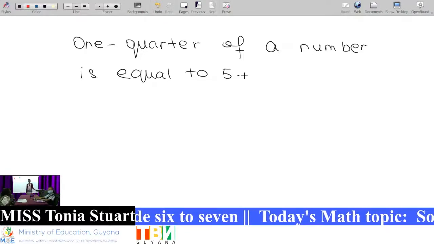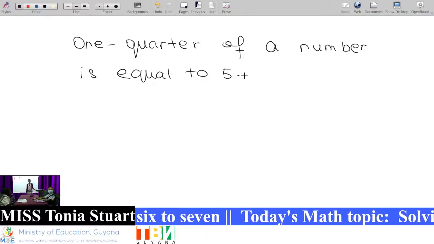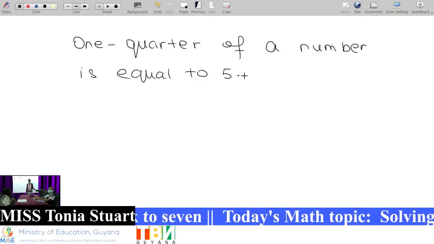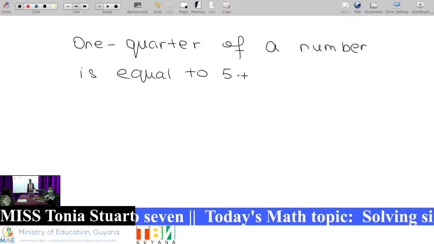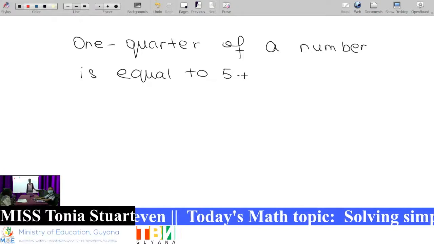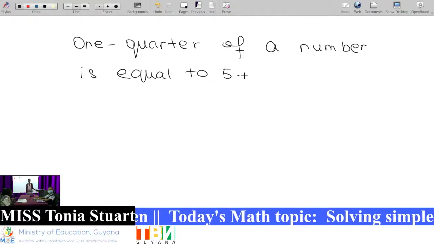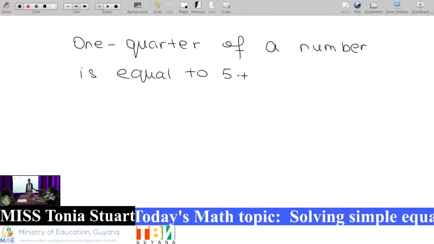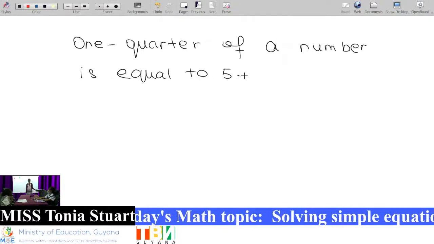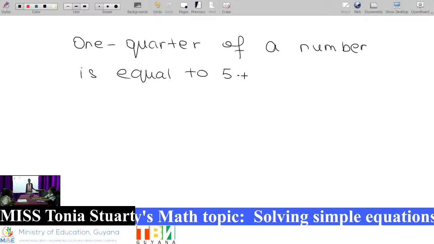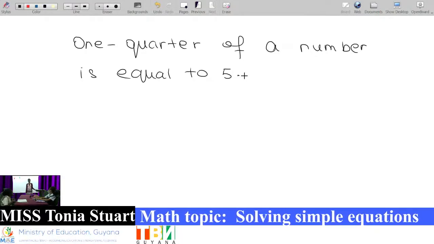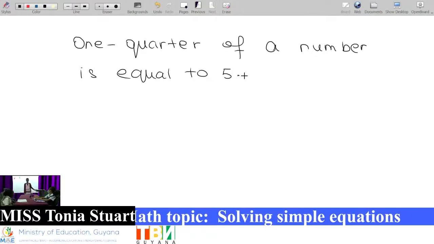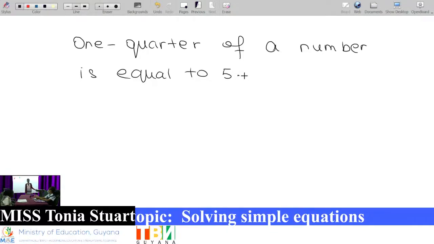We multiply 1/4 by the variable. Multiply the 1/4 by the variable, and you'll get 5 when you multiply it. When you multiply those two, then what? It is equal to 5.